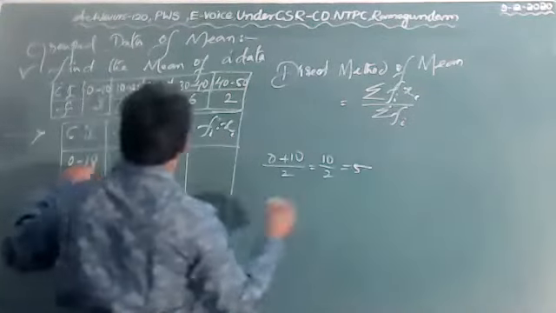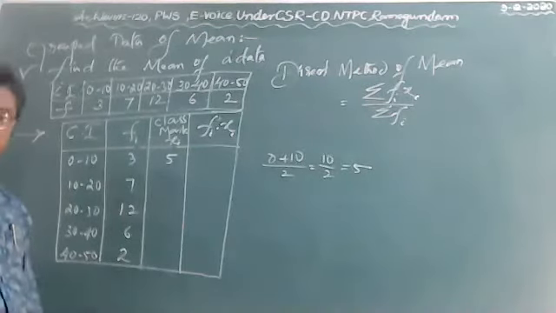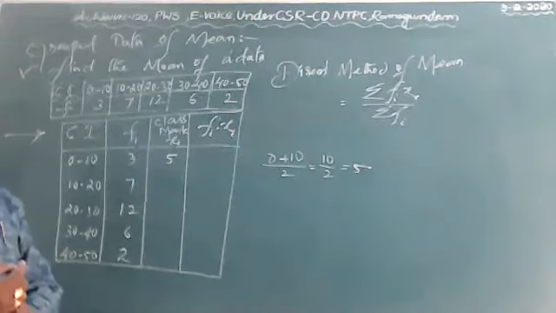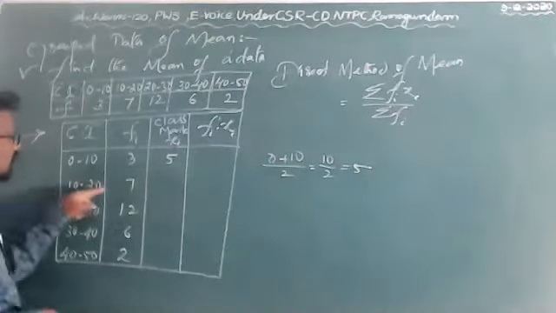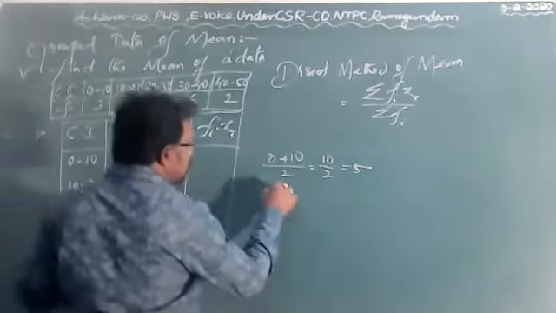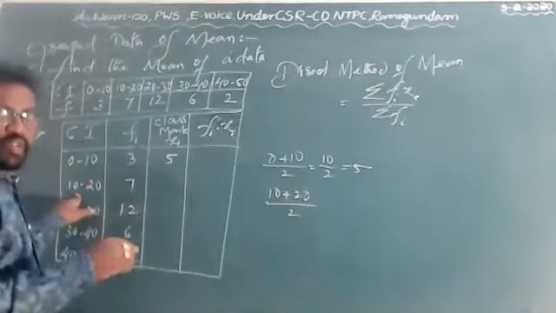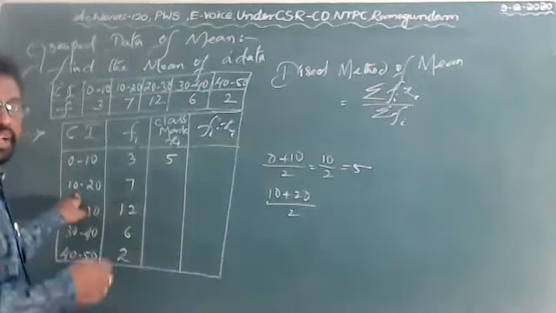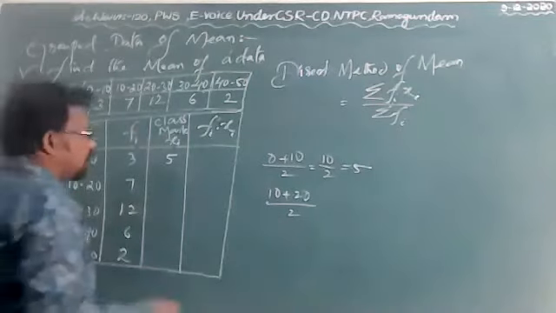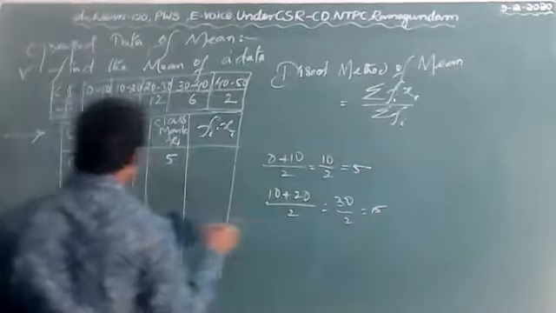That is called the class mark, the mid value. Next, 10 plus 20 by 2, that is 30 by 2, which is 15.